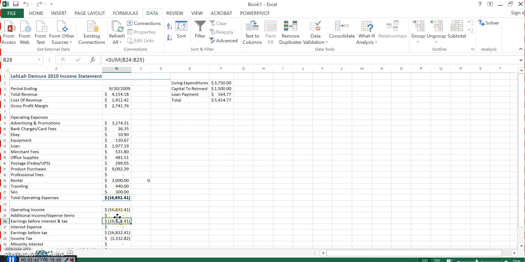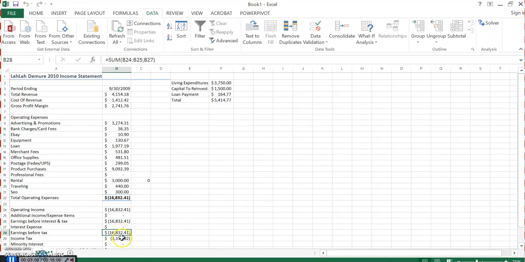But since there's nothing by way of additional income, it's the same as operating income. Nothing by way of interest expense. So earnings before tax is operating income and additional income plus interest expense, but there's nothing in cells B25 or 27, so we're left with the same figure.